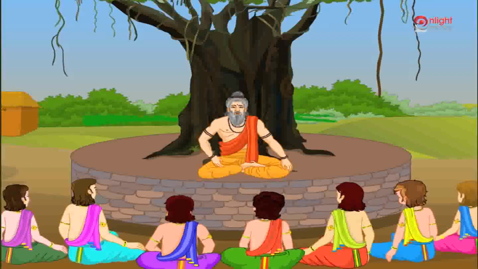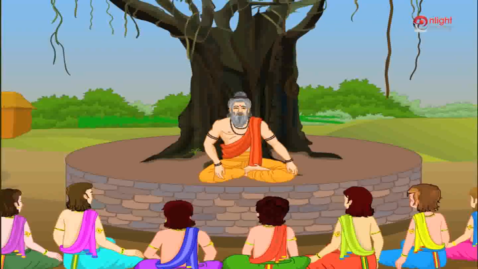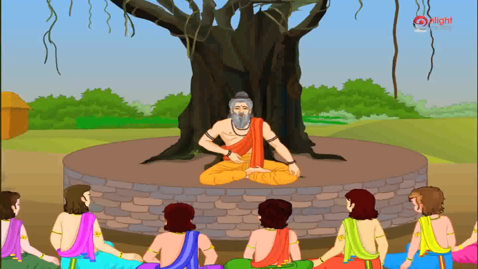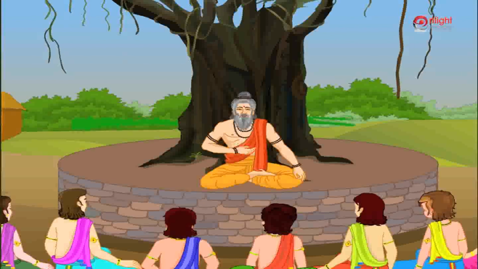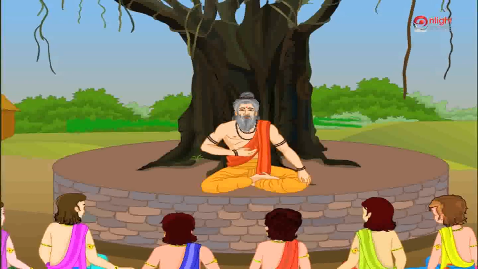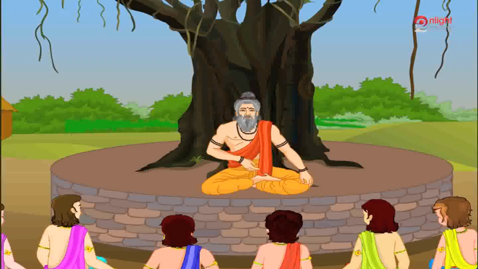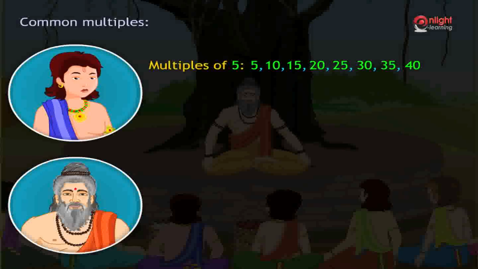Now, coming to the situation of tying the garlands. I asked Bhim to tie garlands on the pillars that are multiples of 5, and Dushasan to tie garlands on the pillars that are multiples of 8. Now tell me the first 10 multiples of 5 and 8. First 10 multiples of 5 are 5, 10, 15, 20, 25, 30, 35, 40, 45, 50.